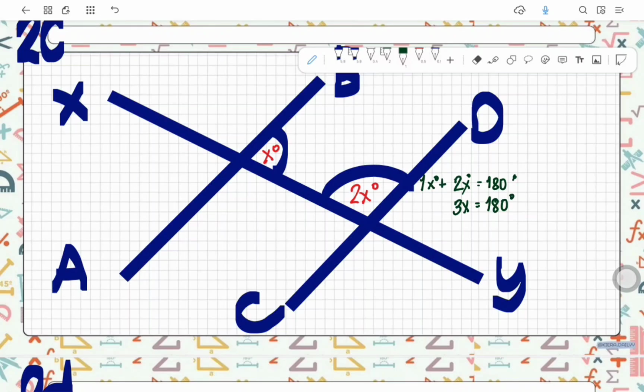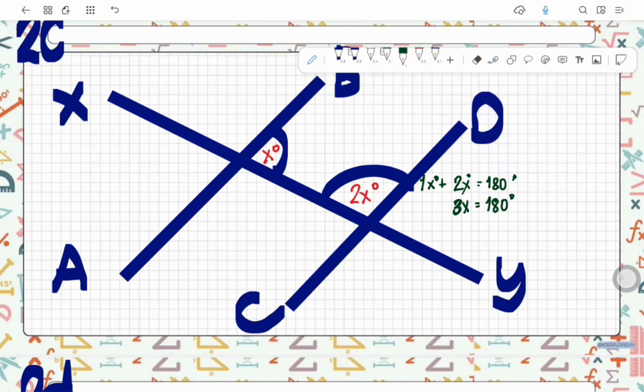Now, since this is 3x, it means that that is a multiplication. If we're going to move 3, multiplication will become division. Division will become multiplication. Just like a while ago, plus will become minus and minus will become plus.